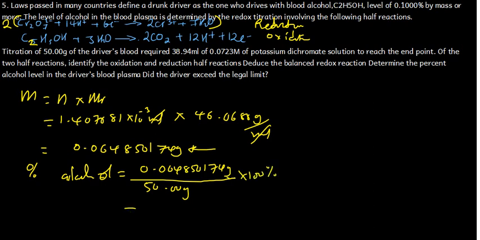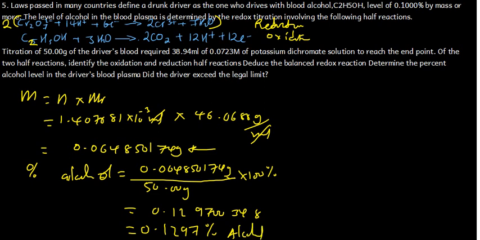And so that is going to give us 0.129700348, which we can simply leave to four significant figures as 0.1297% alcohol in blood.